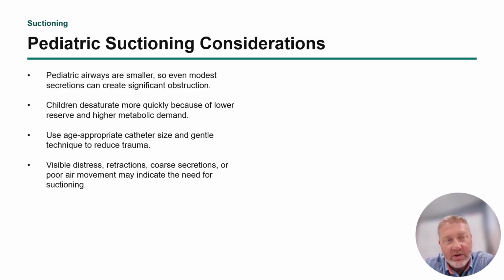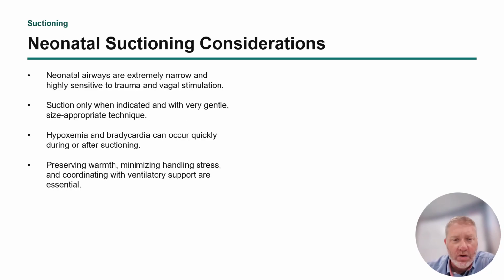Don't just jam the catheters up their noses. And then any visible distress, retractions, coarseness, secretions, poor air movement, those all can indicate the need for suctioning. And all of the things from that last slide apply to neonates, with more urgency based on their size.